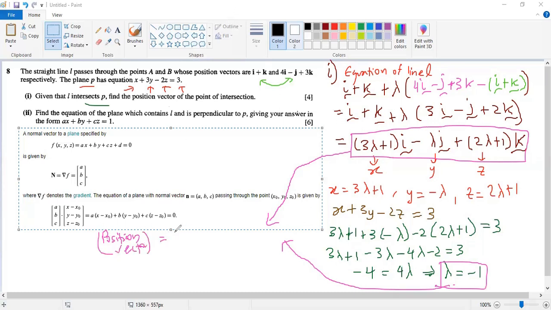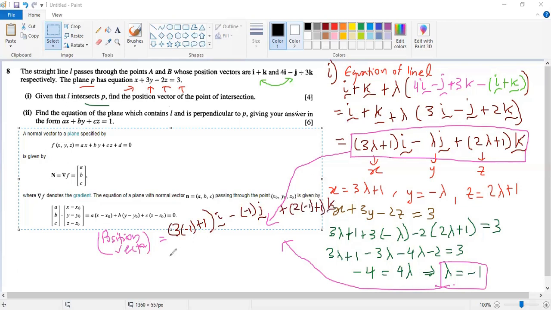Let's have a closer look, please. 3 minus 1 plus 1 of the i, and then minus lambda is minus of -1 for the j component, and the k component is 2 times minus 1 plus 1 of the k.